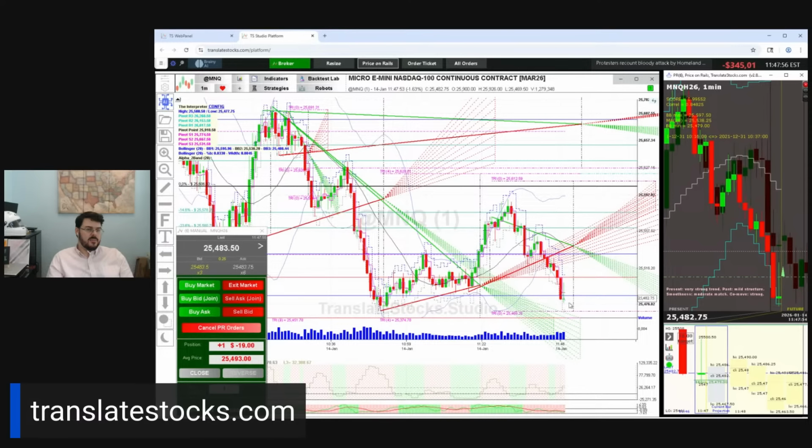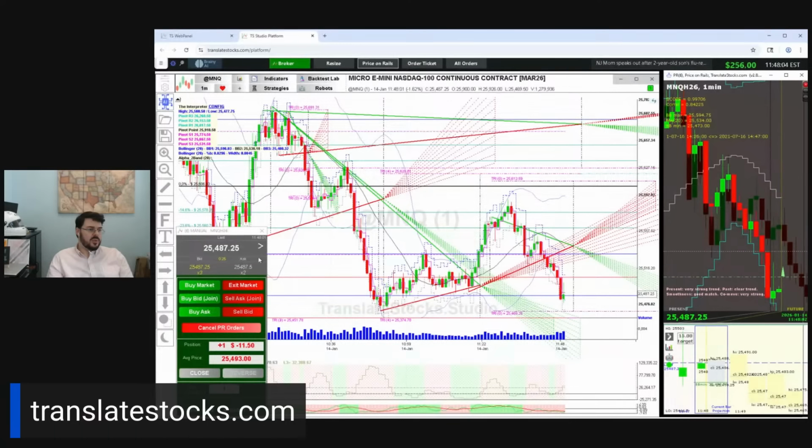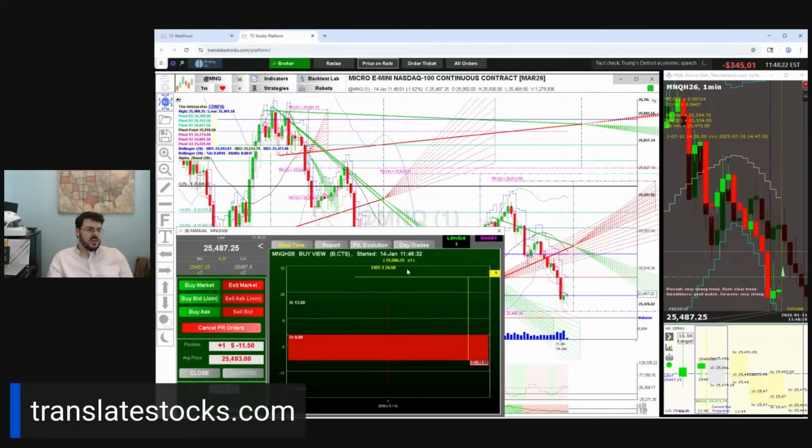What I am expecting here is the price to bounce back to our exit. Where is our exit? Before it decides if it's going to break out this day low or not. Our exit, 506.